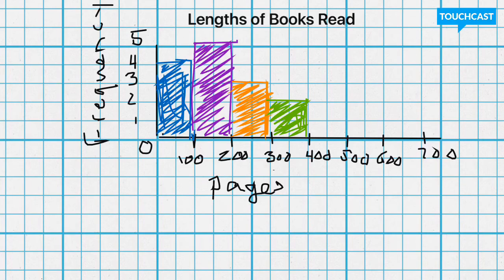The last range of data we had was 600 to 699. And we only had 1 classmate read a book that long. So we will draw from 600 up to 1 over to 699, just less than 700. Color that in, and we've made a histogram.